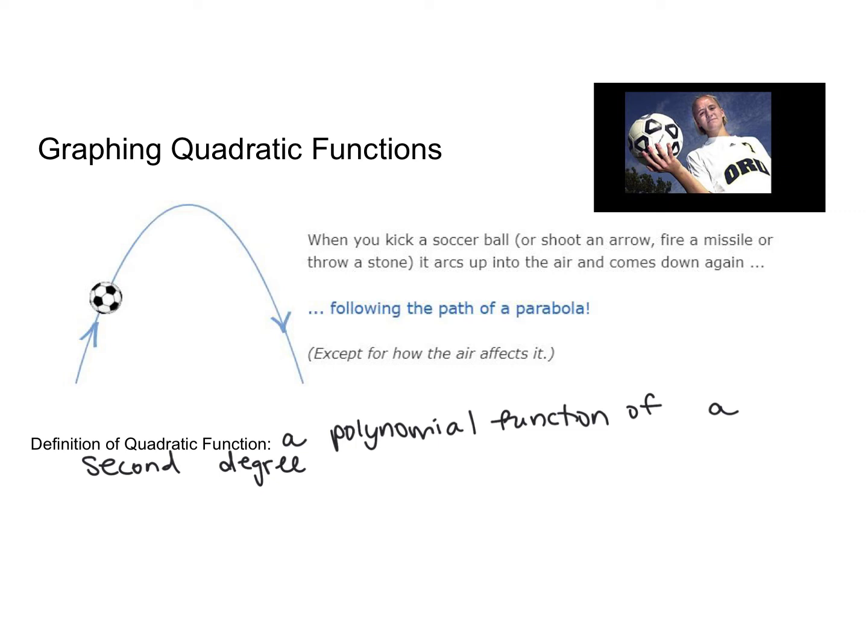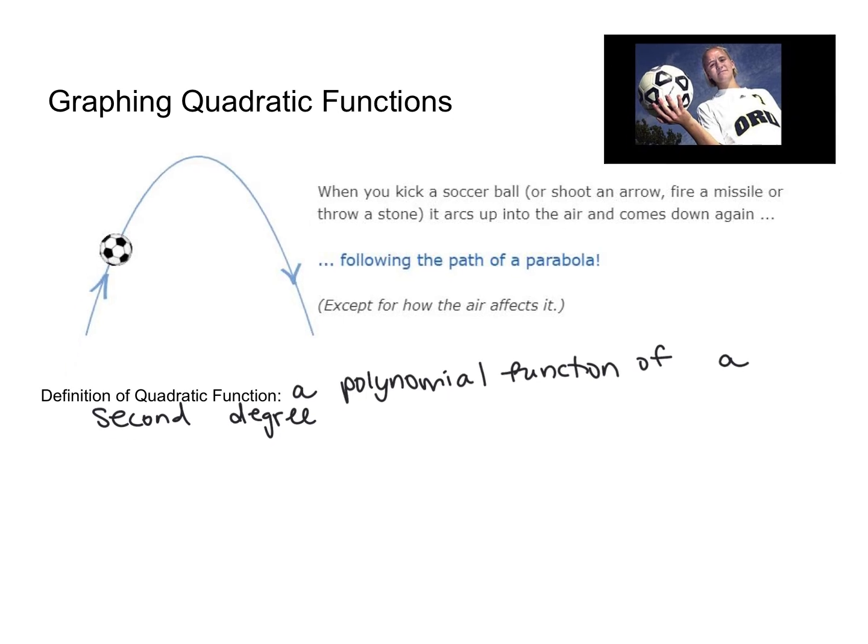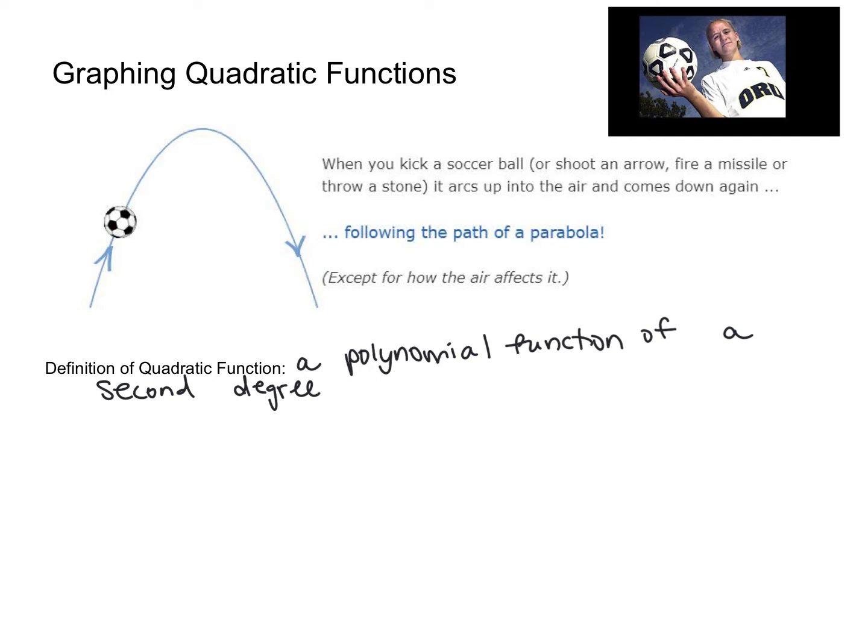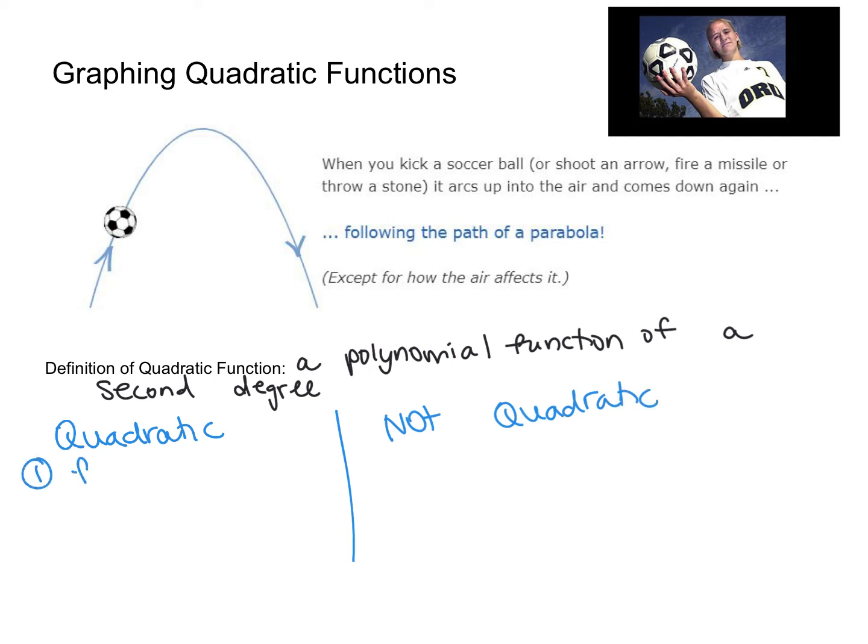And let me explain what that actually looks like. So I'm going to give you an example of a quadratic and what is not a quadratic. Okay, so one example of a quadratic would be f of x equals x squared plus 4.